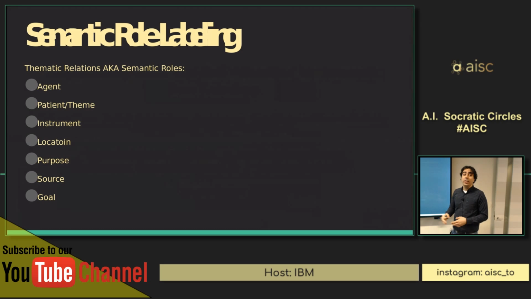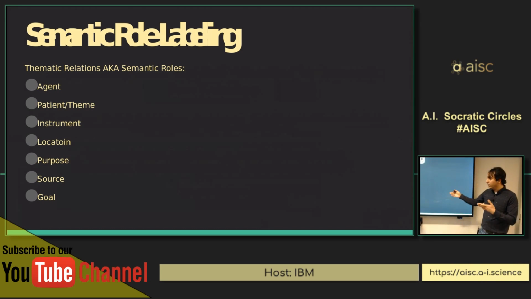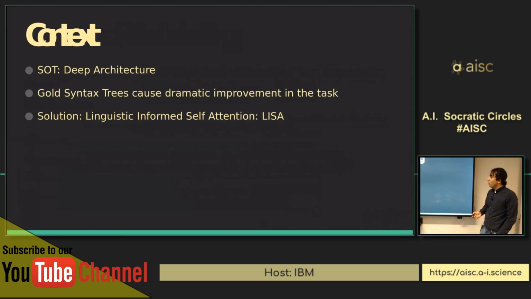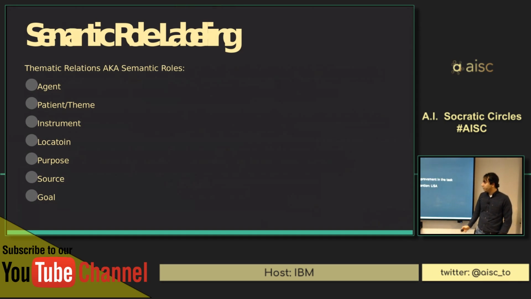Patients and themes are objects or people that receive some actions, and so on and so forth. The list goes on, but theories usually limit to some, not all, of the roles. So the goal of semantic role labeling is to find out what semantic role each word in a sentence takes on.